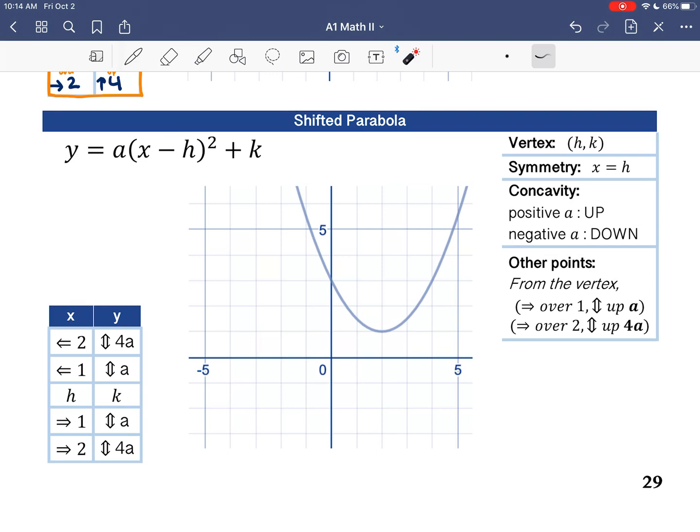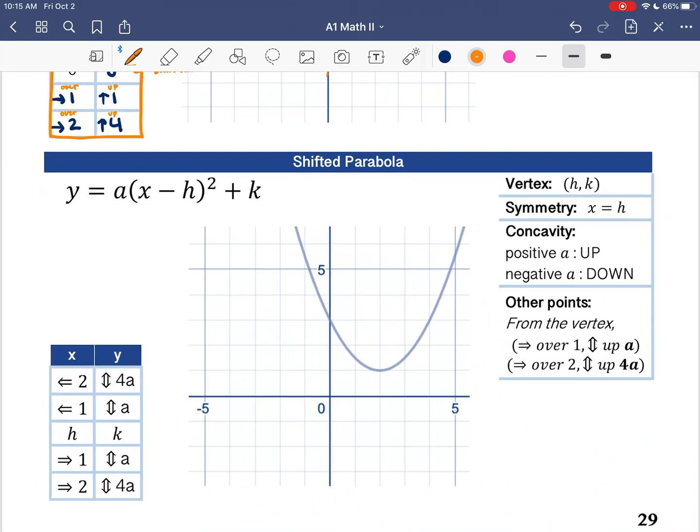So here is a shifted parabola, and we don't have any numbers here. We have A, H, and K instead of numbers, because I want to highlight the fact that we are just plugging numbers in.